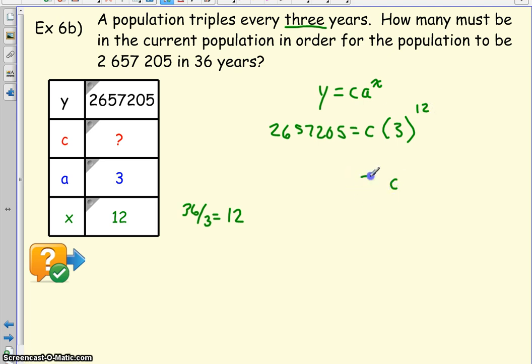So when all is said and done, we have to solve for C by dividing both sides of the equation by 3 to the 12. Then we can run everything through our calculator and get a final answer. So that should all simplify down to give me an answer of 5.